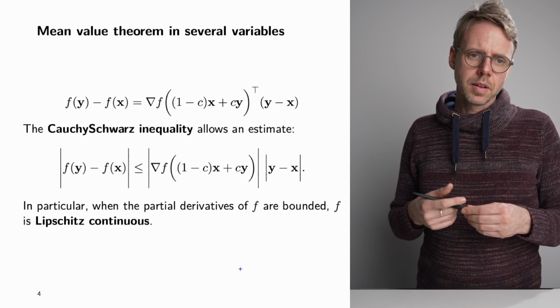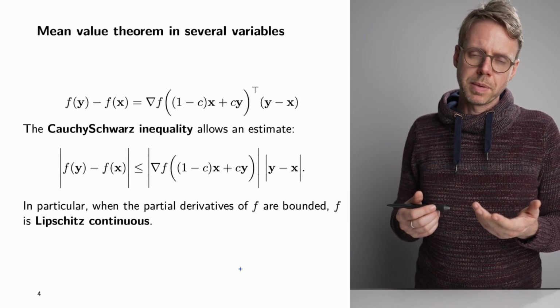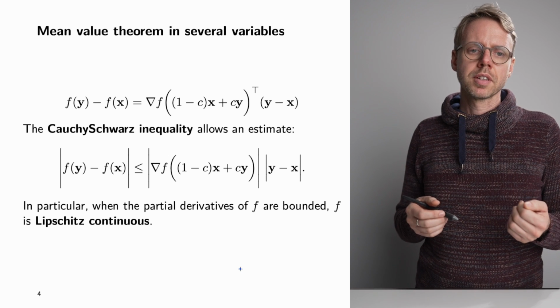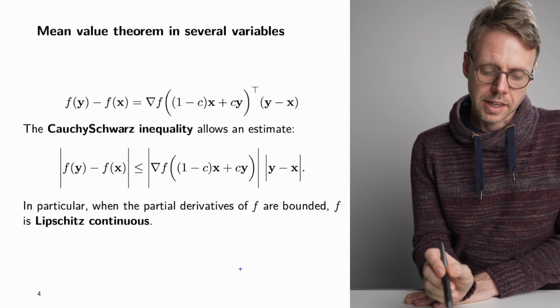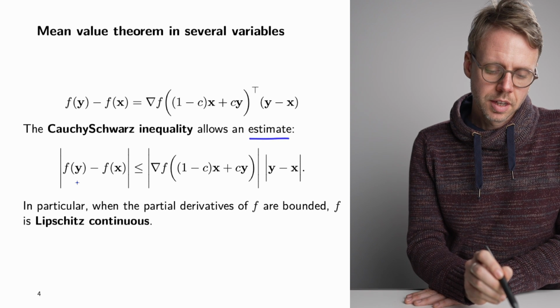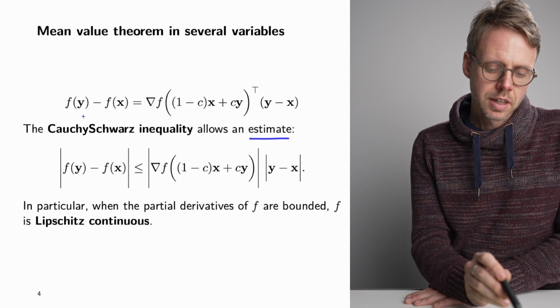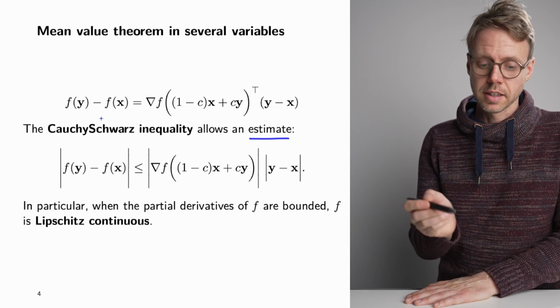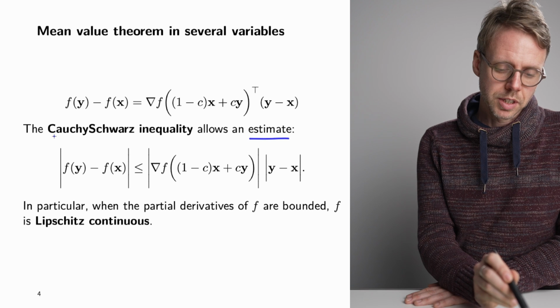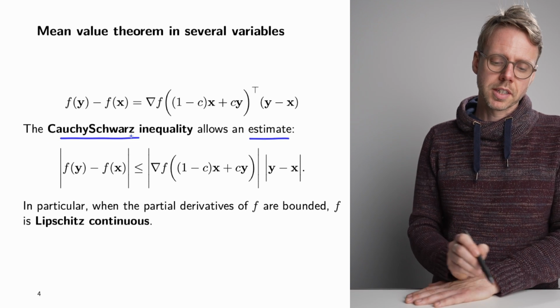Now this multivariate generalization of the mean value theorem that we just derived also allows us to get an estimate of the difference between f of y and f of x. And we can get this estimate using the Cauchy-Schwarz inequality.